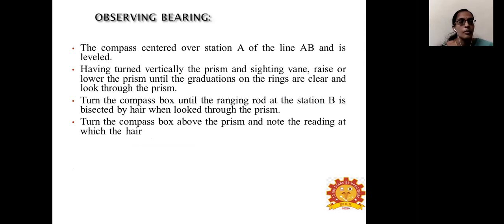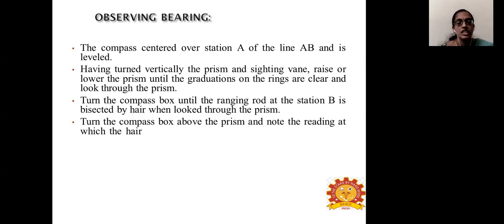In observing a bearing, the compass is centered over station A, with respect to line AB, and the compass is levelled.